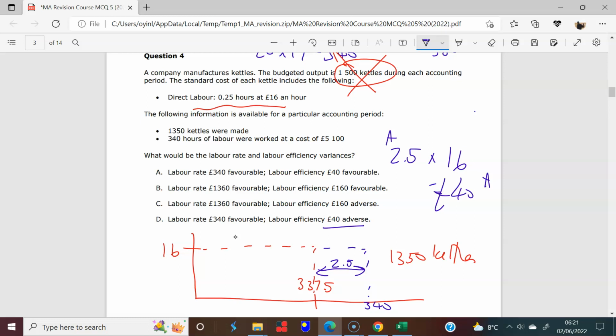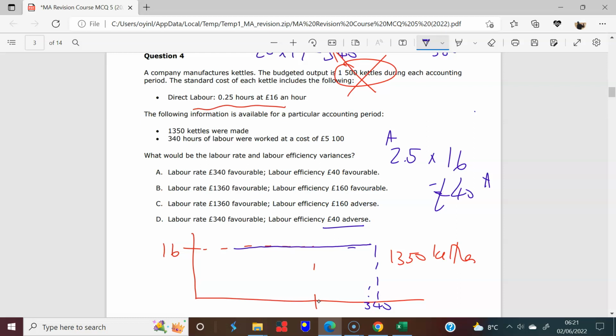But let's just calculate the rate. You were meant to spend £16 an hour. If you've used 340 hours, then you would have spent 16 times 340.